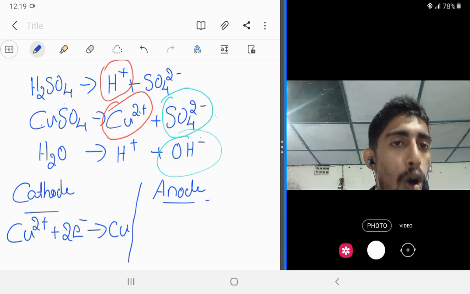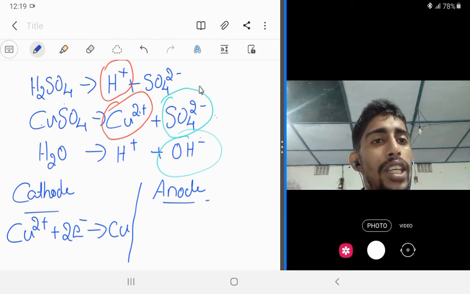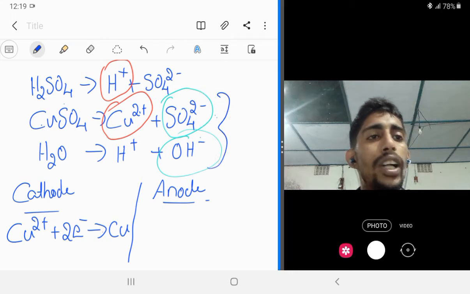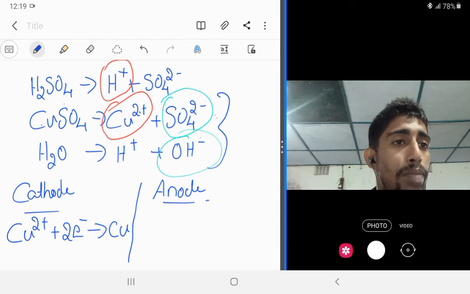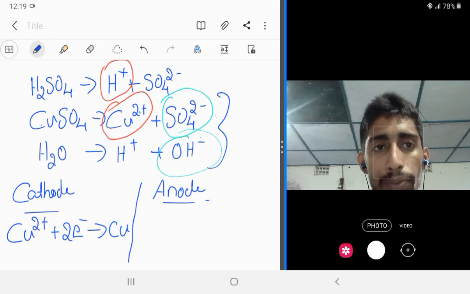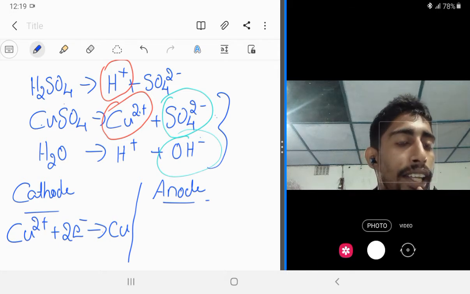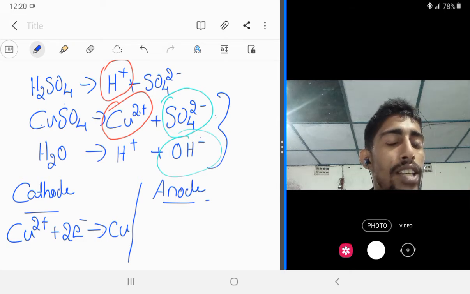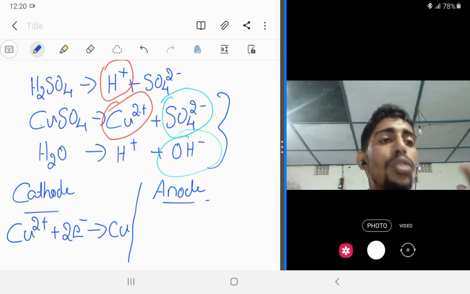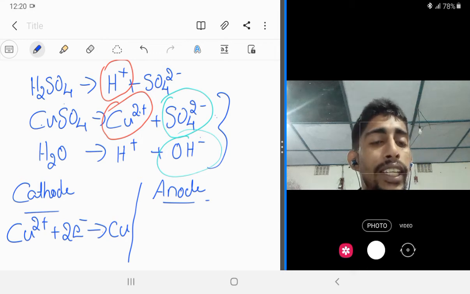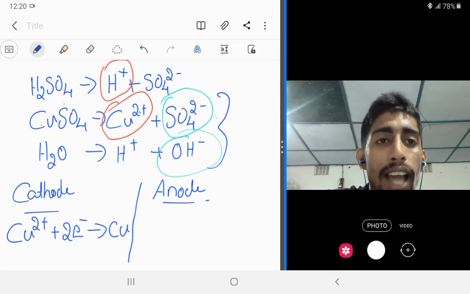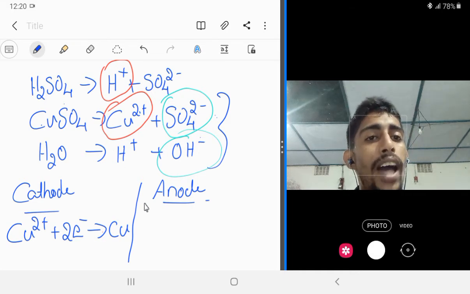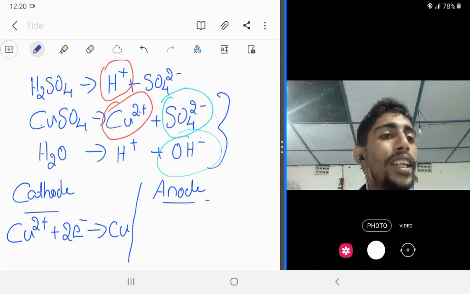The answer is no. Neither will move to the anode, because if it were an inactive electrode the hydroxide could move, but here the electrode is active. In that case, the anode itself will dissociate.